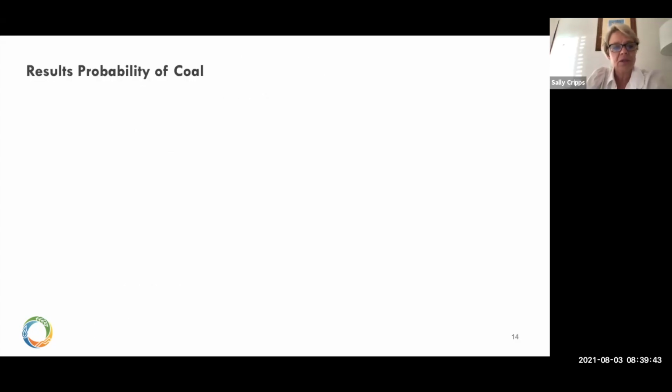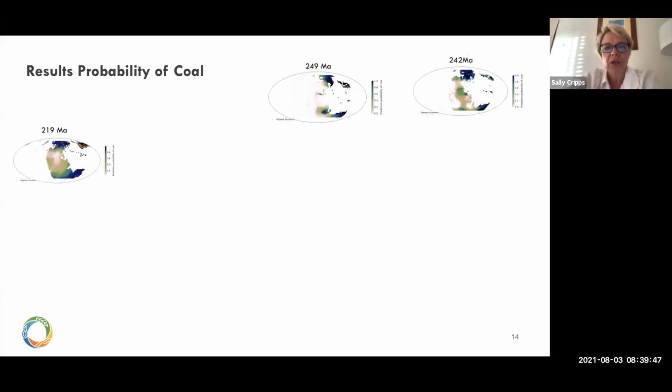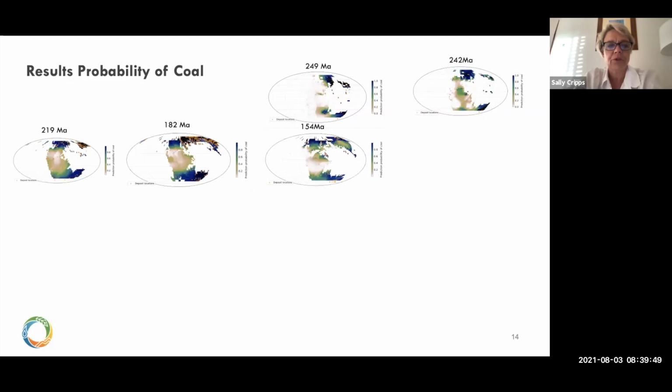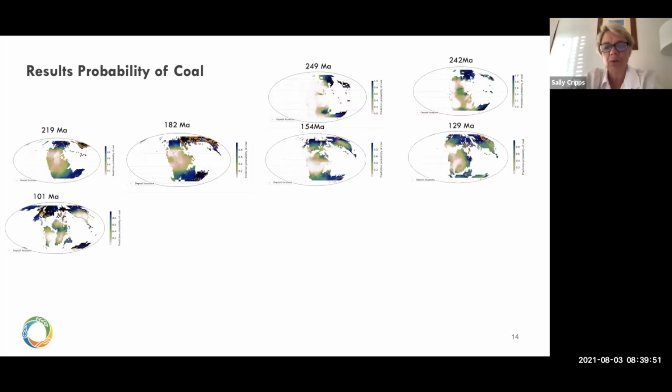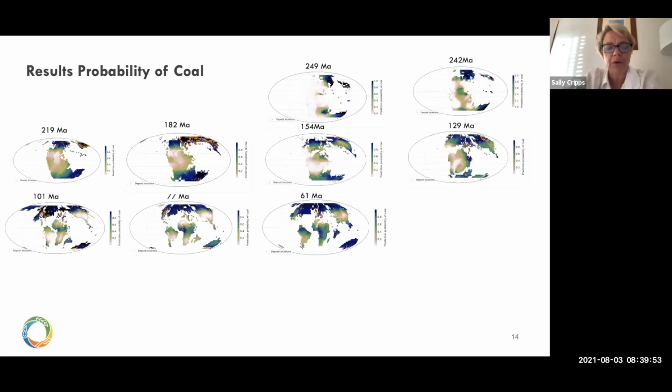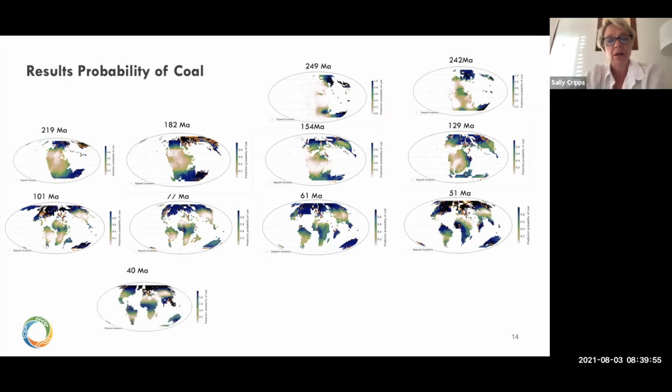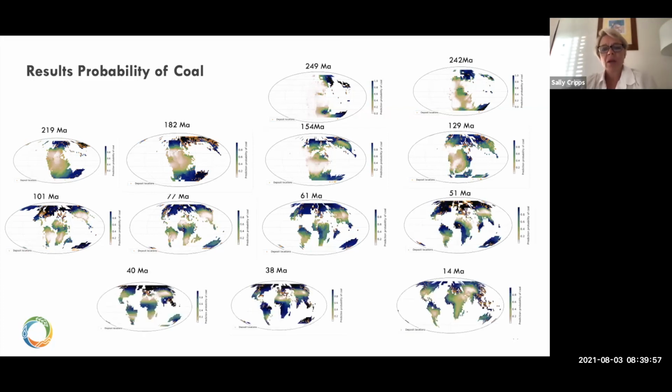So the results appearing on your screen are the results for the probability of coal. In the paper, we have these also for evaporites and for glacial deposits. The dark colours represent a high probability of coal, so a value close to 1, while the lighter colours say that the probability of finding coal there is close to 0.